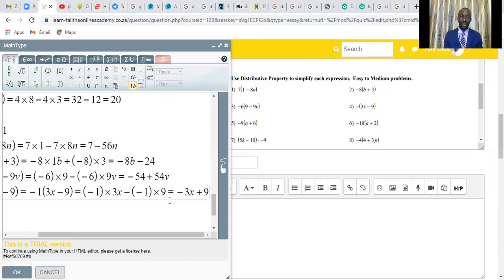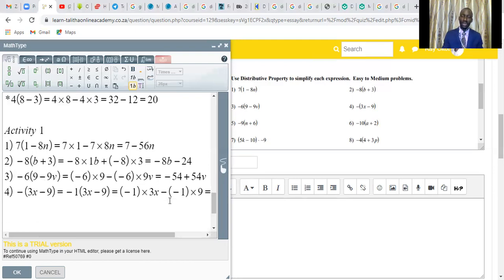Now, the next thing we want to look at is question 5. Question 5 in activity 1 is given as -9. This -9 is supposed to be used to multiply the quantity what? The quantity n plus 6.